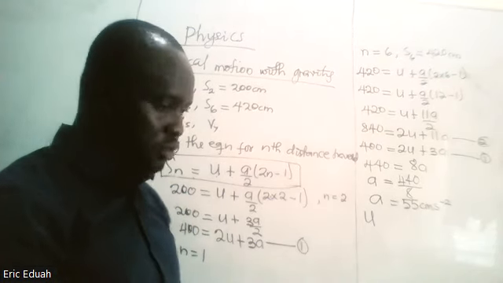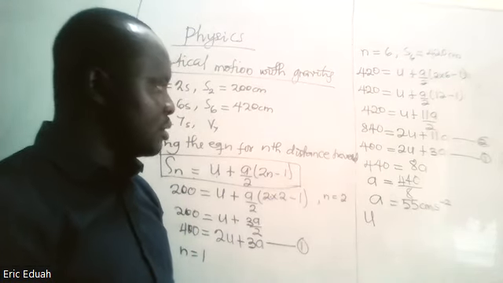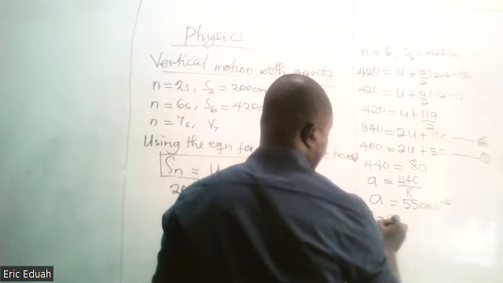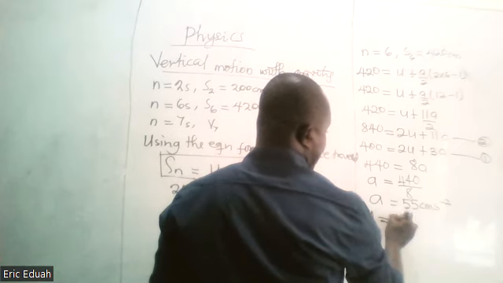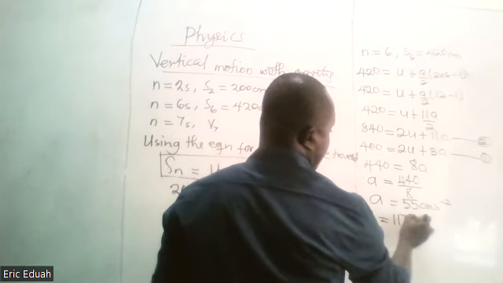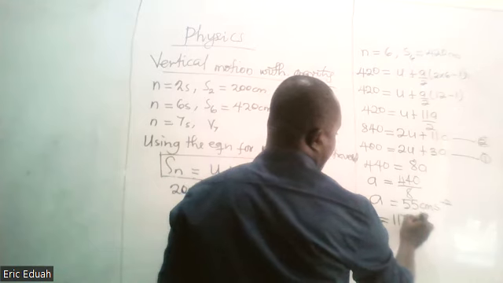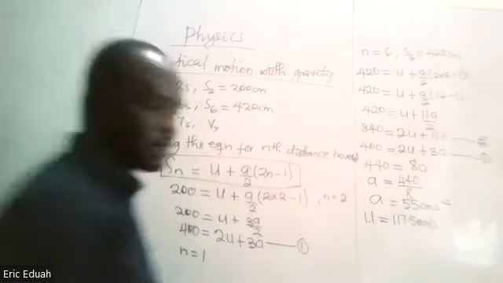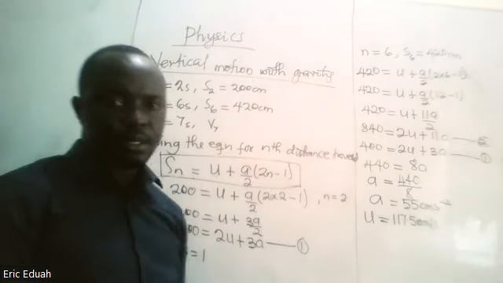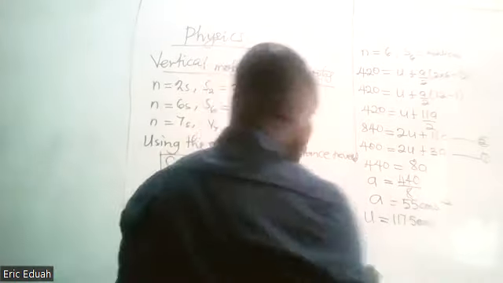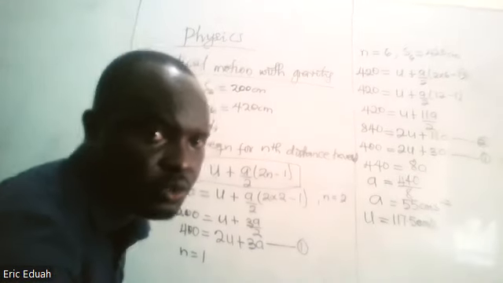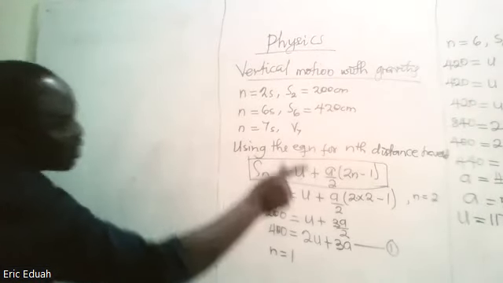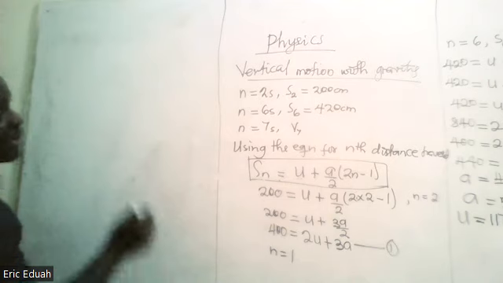Akosia, are you through? Yes, please. What did you get for u? 117.5 centimeters per second. Okay, so let's quickly do it together to see if what Akosia is giving us is true. We are free to use either equation 1 or 2.